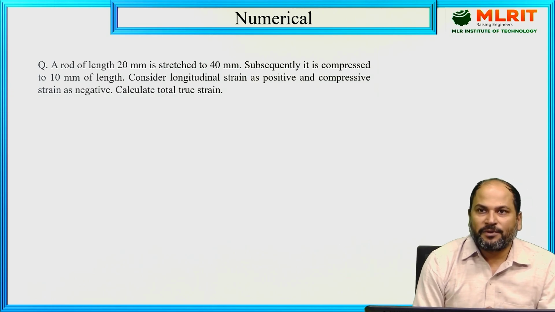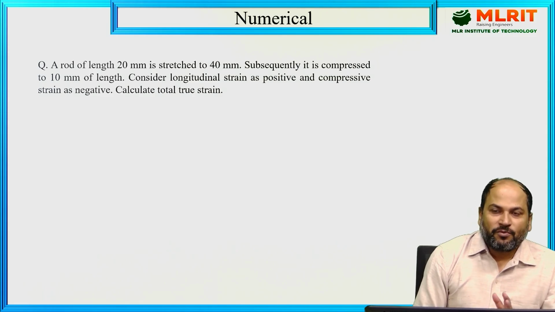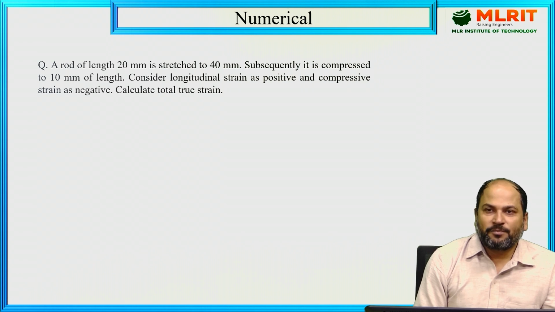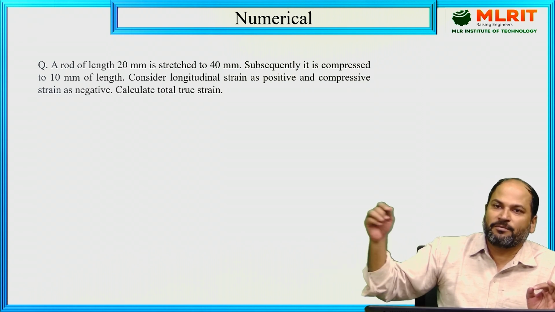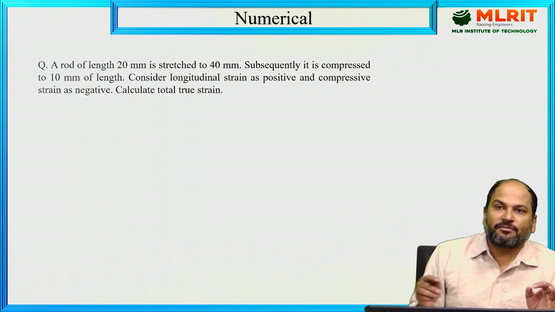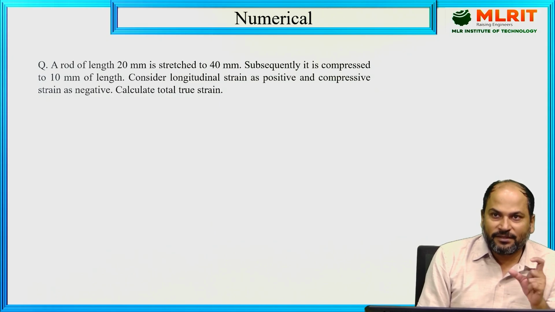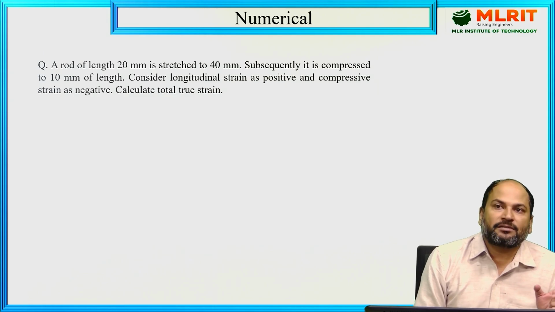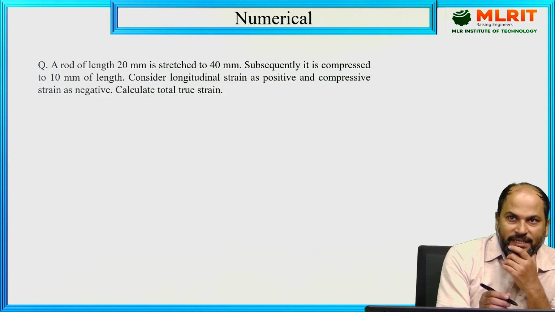Whenever you calculate the true strain, you have to consider the initial dimension of the piece that you are going to deform, and finally the final dimension after multiple or progressive deformation. Because to calculate the total true strain, only these two things are required. If this is in your mind, then this numerical is very easy to solve. So now we'll read and try to solve this.